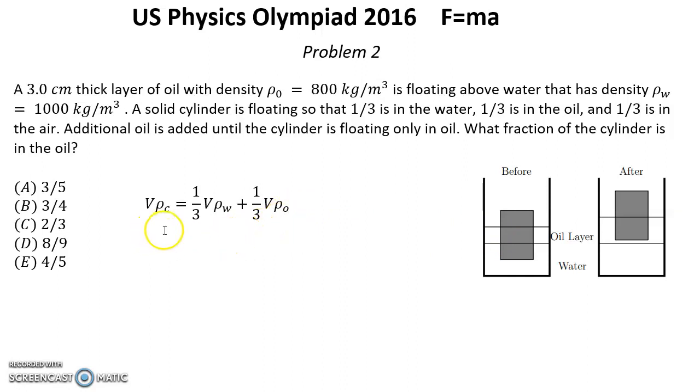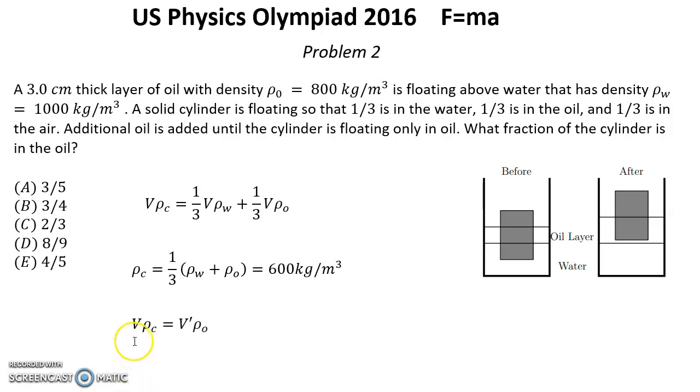And from here we can find that rho cylinder equals 1/3 of rho water plus rho oil, which is equal to 600 kilograms per cubic meter. After that we can write the equation for the floating cylinder.